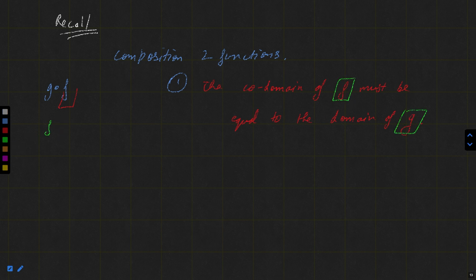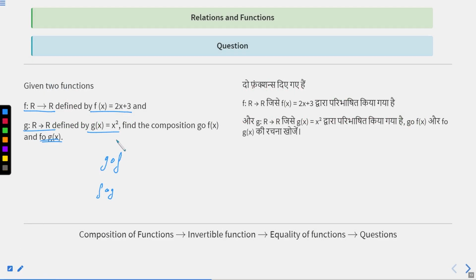This means if f is defined from A to B, then the function g must be defined from B to any set C. Then only can we define the composition like this. As you can see over here, for g of f, the codomain of f is R and the domain of g is also R. So we can find this function as well as this one, because the codomain is equal to the domain, which is R.